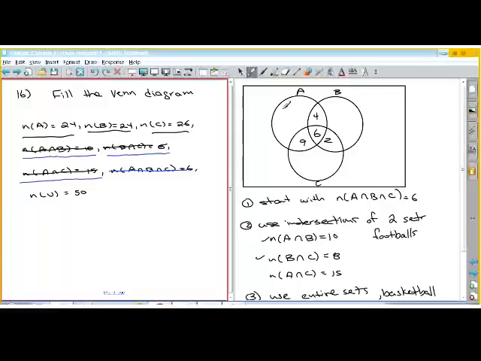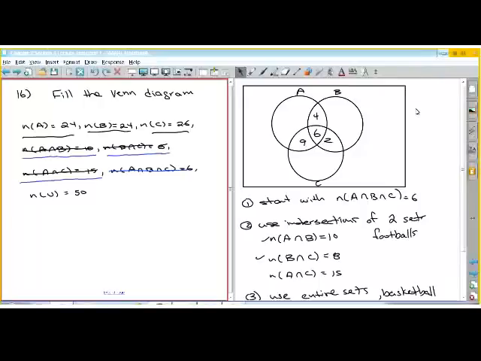So if you want to use your calculator or your head, what do you think this number is here?